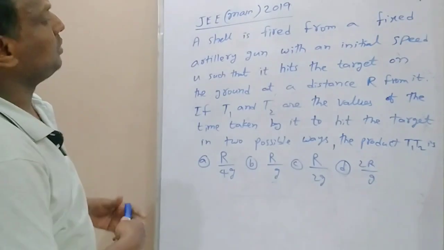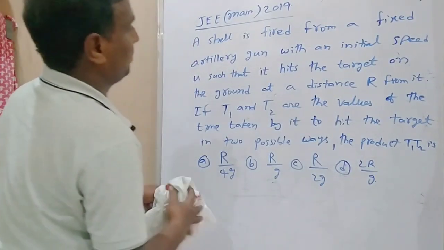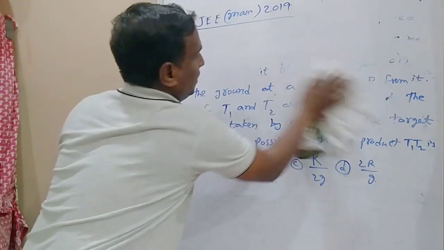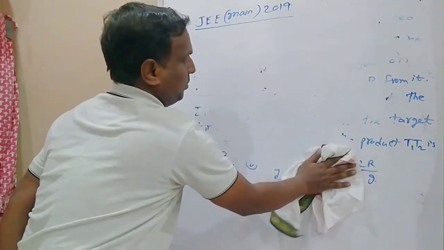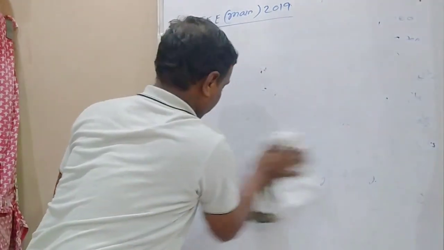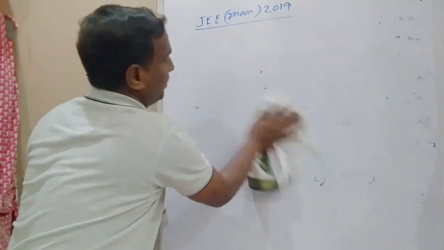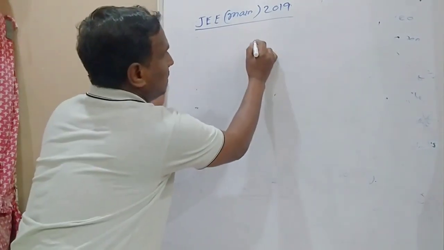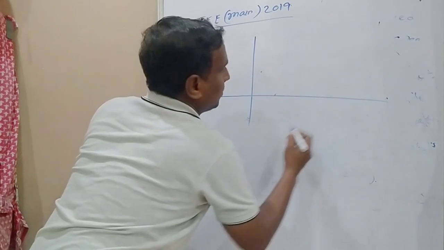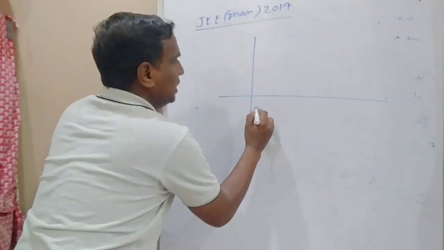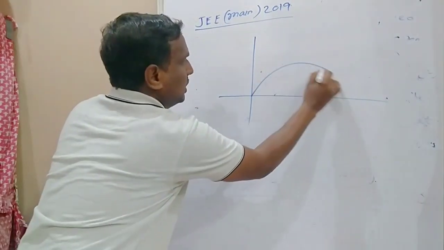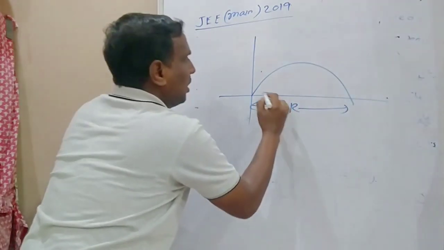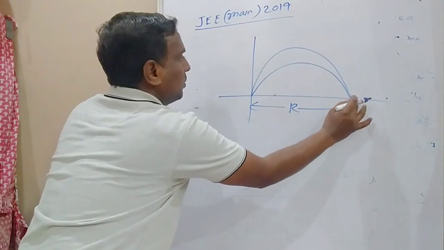See here. Now look here. I should show the figure also. Two possible trajectories are here. This is our first possible one with this range, and this is the second possible one.